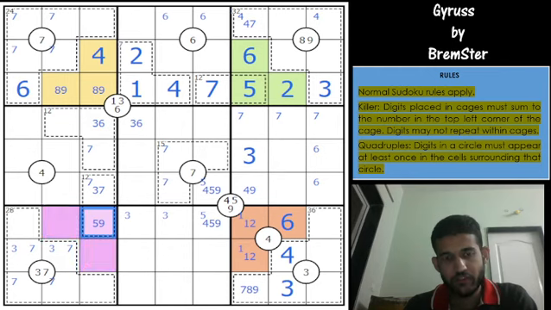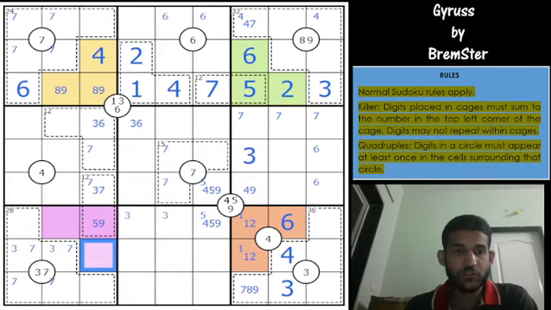So if I have a 5 here, I need 12 more from these cells, which cannot be 5 plus 7 or 3 plus 9. So that would be 4 and that would be 8. So 4, 5, 8. And I don't see a problem with that.